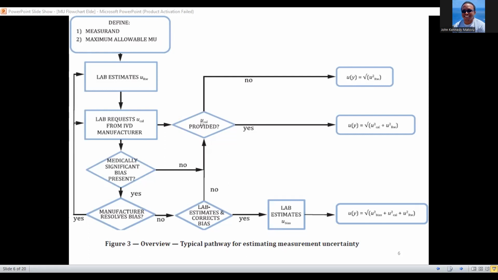Are you with me? It would be better if you can combine your UCAL and your uncertainty coming from imprecision. All right. I'm hoping that I have achieved my goal, that to make it clearer, having a flowchart explaining how to obtain the MU in the laboratory.